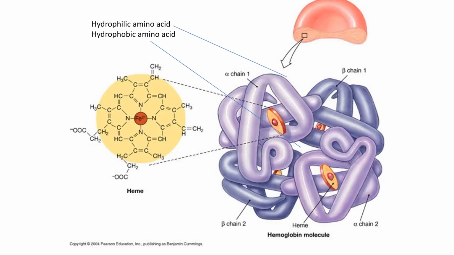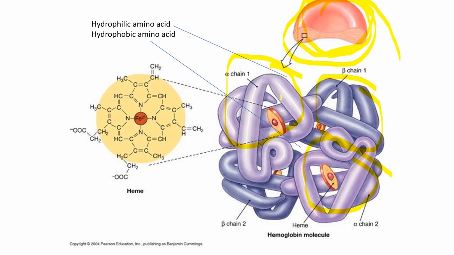Okay, so this is the structure of the hemoglobin molecule, where, as I mentioned earlier, in one erythrocyte there are lots of them. A hemoglobin molecule has 4 polypeptide chains, which consist of a set of the alpha chain and the beta chain, as you can see from here.